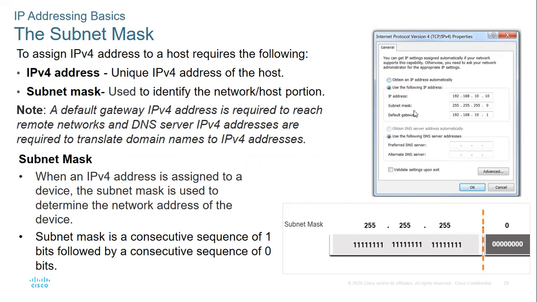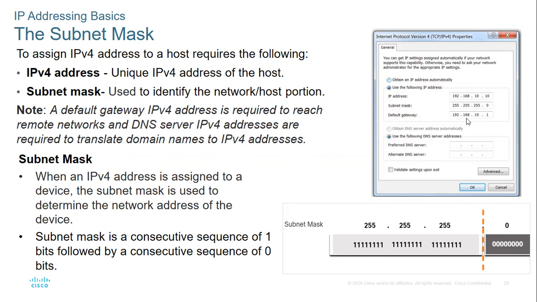That is, you key in manually. So you can see this is the IP address, and then it is followed by the subnet mask. Okay. Why do we need the subnet mask? The subnet mask helps us to know to which network we belong. Okay. We're going to see that.